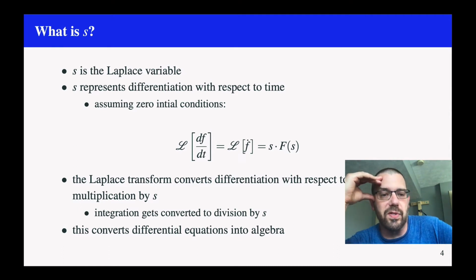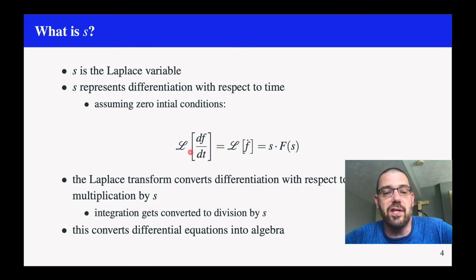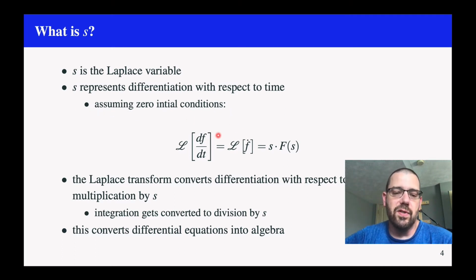Mostly for our purposes, I want you to think of S in terms of a differential operator. It represents differentiation with respect to time. What I mean by that is, if we can assume 0 initial conditions, and we'll talk later about what to do when that's not the case, then when I take the Laplace transform of df/dt, which is the same as f dot, I just get S times the Laplace transform of f.